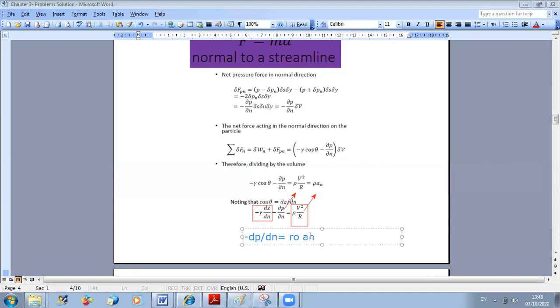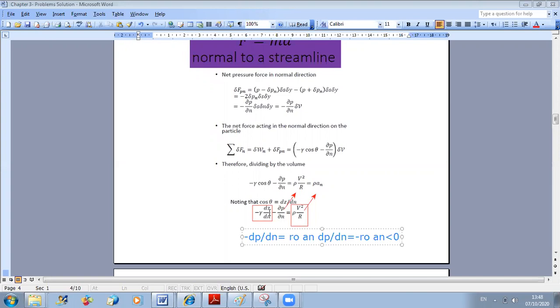My normal acceleration is always positive and directed along un. So you deduce that dp/dn equals minus rho a_n, which is negative because a_n is always positive. So the change in curvature will tend to decrease the pressure as I move along un, if I just take the effect of normal acceleration in a horizontal plane.